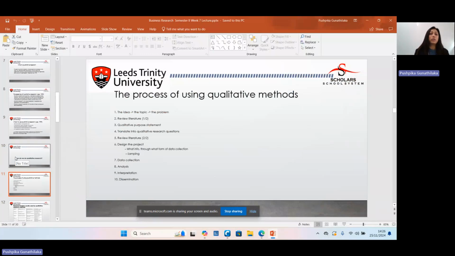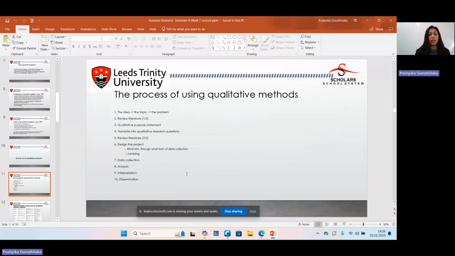We do some preliminary literature review, and then after developing our research questions, after articulating the research objectives based on the questions, we will go into the literature review.